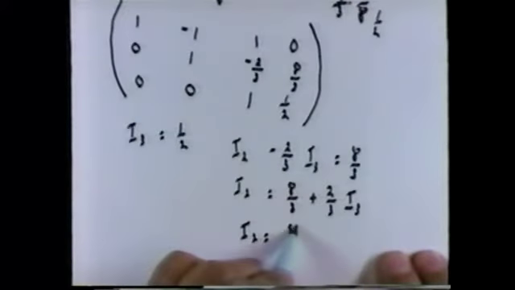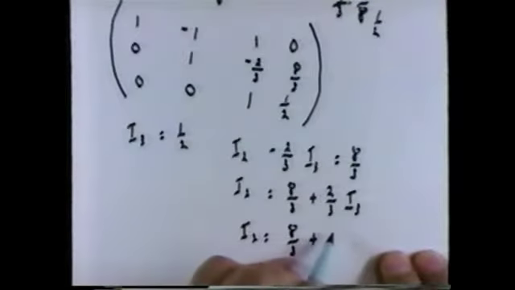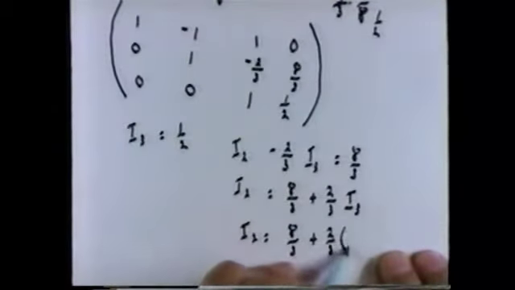Or I can see that I2 is equal to 8/3 plus 2/3 of 1/2, because I3 is 1/2. So that leaves me with 8/3 plus 1/3, which is 9/3, which is 3. So we get that I2 is equal to 3.